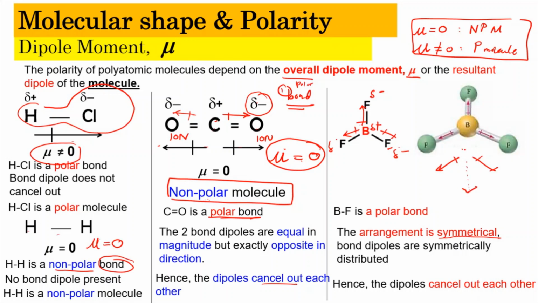So the resultant on the front and on the upside and the downside are cancelled out, and as a result, your mu will be equal to 0. Here, and then they produce below here, right? So up and down are cancelled out, and as a result, mu is equal to 0, and hence it is a non-polar molecule.